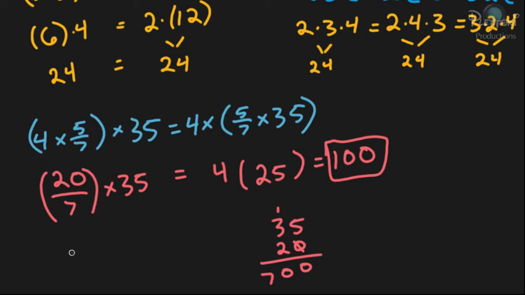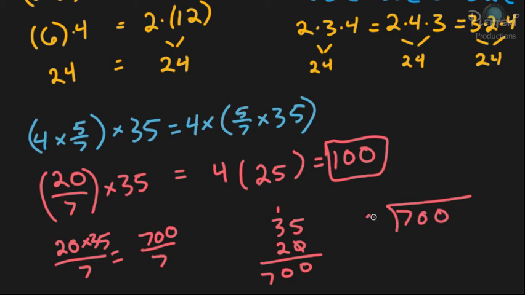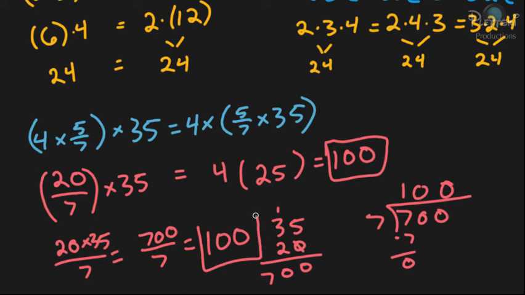So when we multiply this, we get 20 times 35 over 7, which is going to equal 700 over 7. And then we can do 700 divided by 7. Well, 7 goes into 7 once. And then you have 2 zeros. So it's 100. And we'll get the same answer that way.